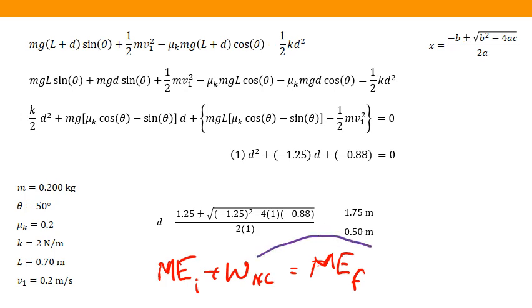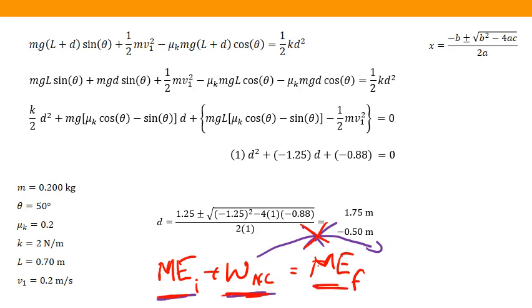Don't put this on the other side because it'll mess up our math. Always keep it on the same side with the initial mechanical energy.